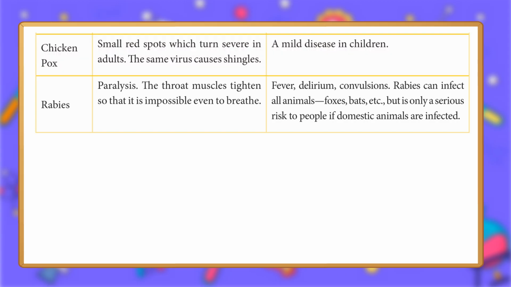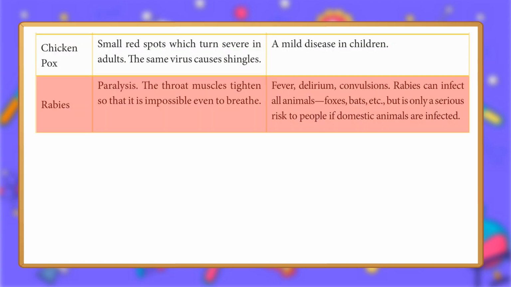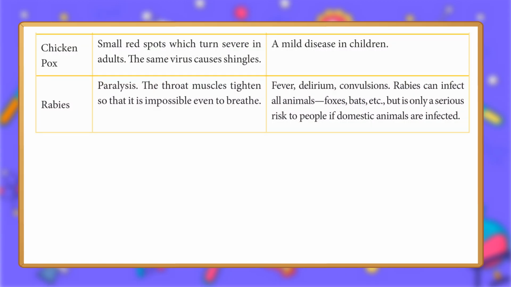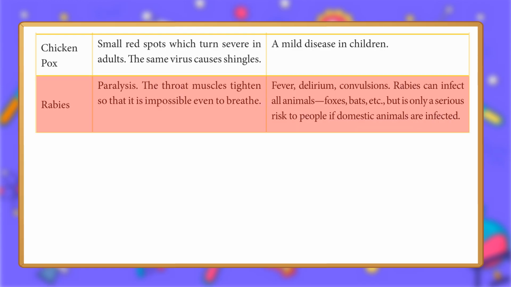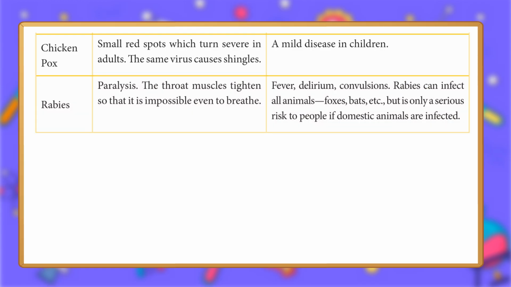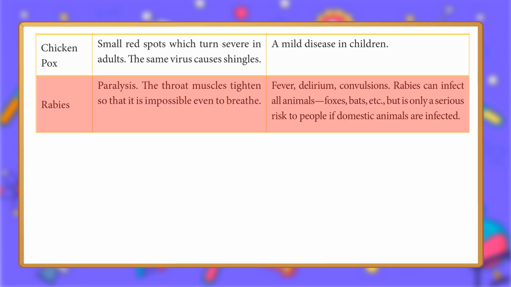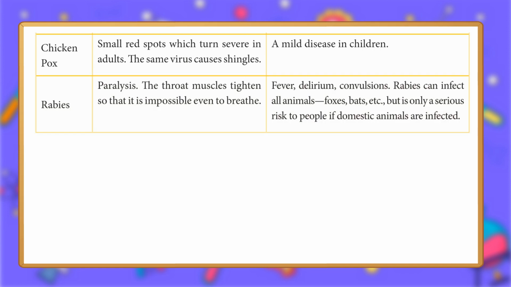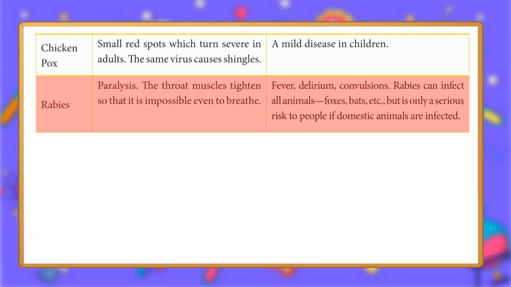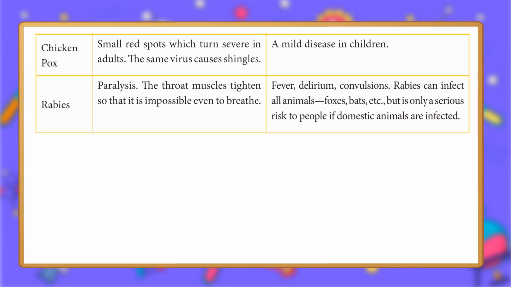The same virus causes shingles, a mild disease in children. Rabies: paralysis, the throat muscles tighten so that it is impossible even to breathe. Fever, delirium, convulsions. Rabies can infect all animals, foxes, bats, etc., but is only a serious risk to people if domestic animals are infected.